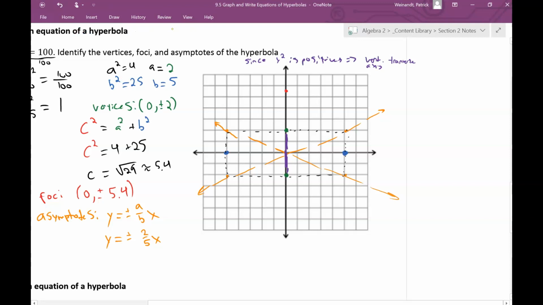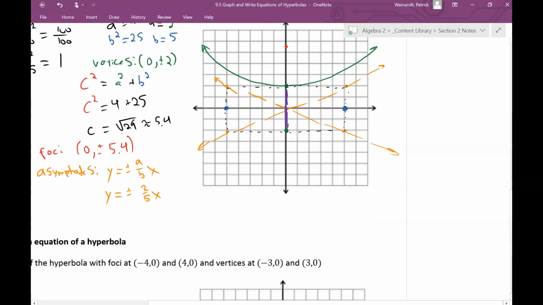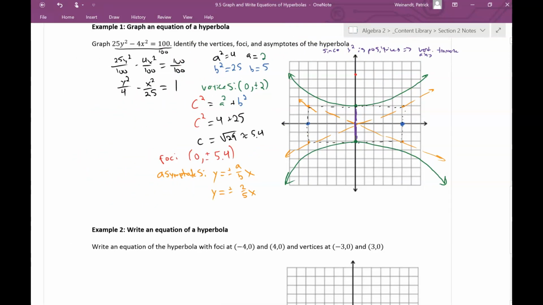Just use those asymptotes to know where this is going to go, and it also aligns with that rectangle too. I want to use green here. So just use those asymptotes and this rectangle we've constructed to make our hyperbola here, and that's about it. So it's fairly involved, and there's a lot to remember, so make sure you have those notes down pretty well. And that's how you would draw one.